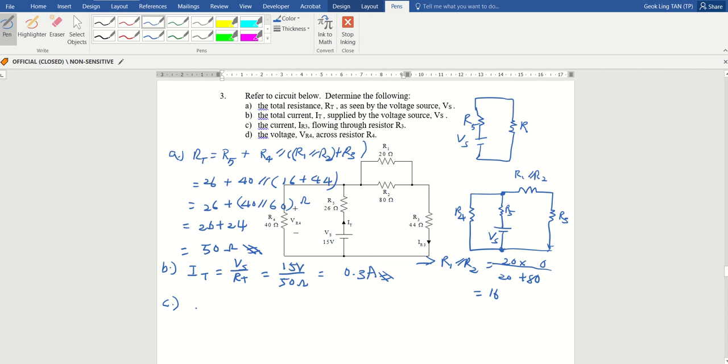Then for IR3, you can apply CDR. Remember current divider rule?